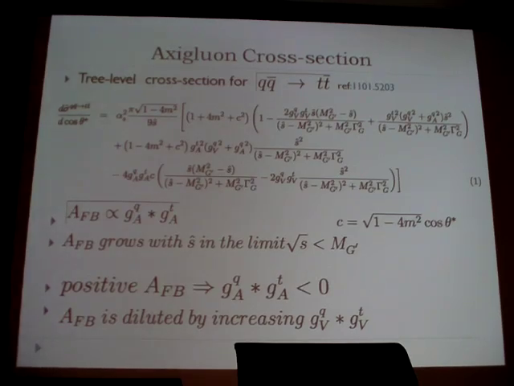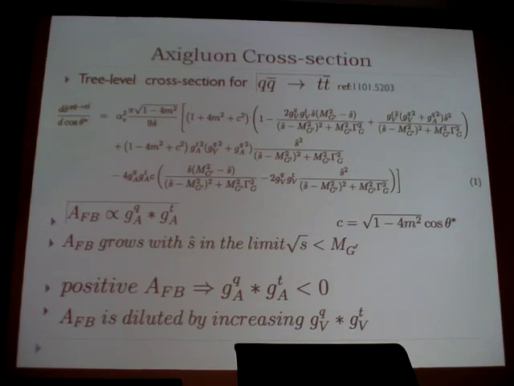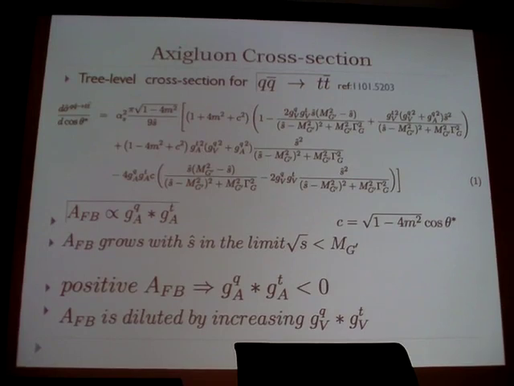So if we have this kind of coupling, then the amplitude of the Axigluon going to the forward direction would cancel the standard model. That would make the total amplitude smaller. That means the number of events going to the forward direction would be less than the number of events going to backward.